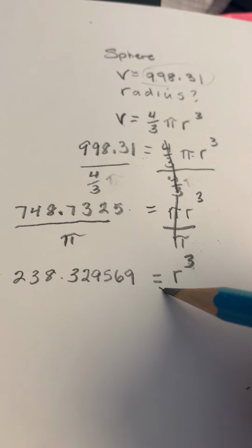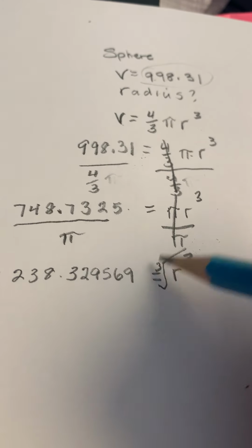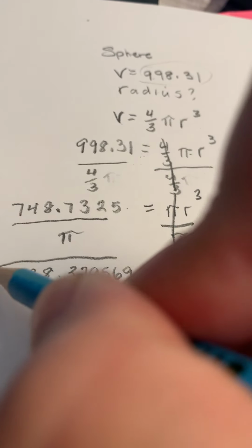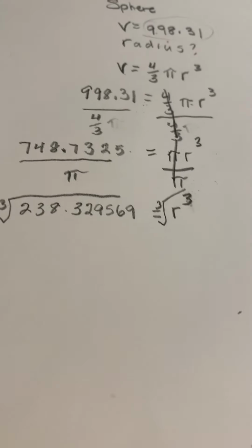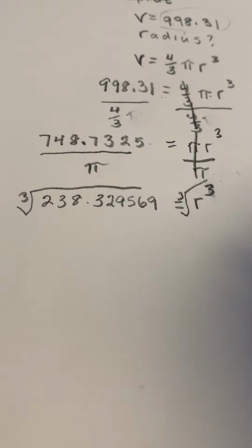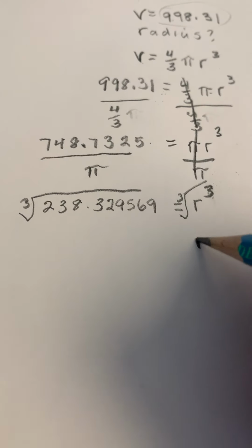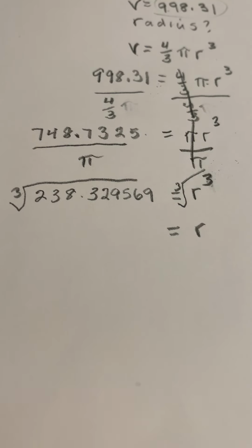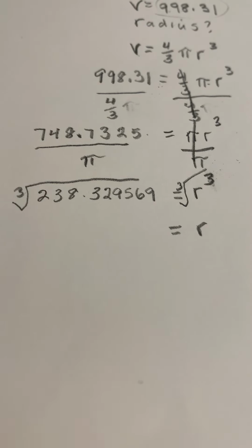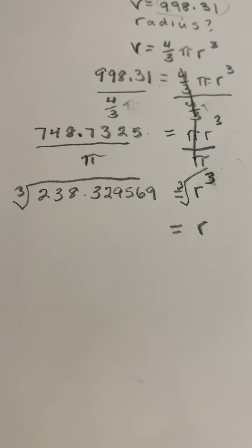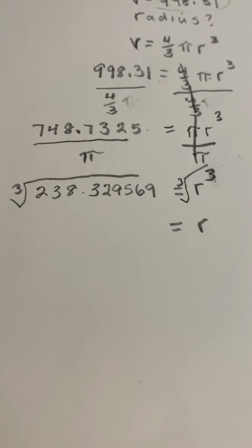And now what we're going to do is undo r cubed. We undo cubing with cube rooting. We did this in the beginning of the year when we were working on cubes. They actually gave you the cube value, and we were trying to find an edge. So hopefully you'll remember that. In your calculator, you have to use that key, the inverse of the y raised to the x key.